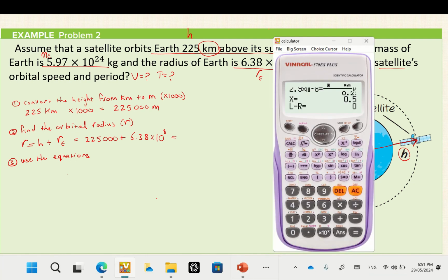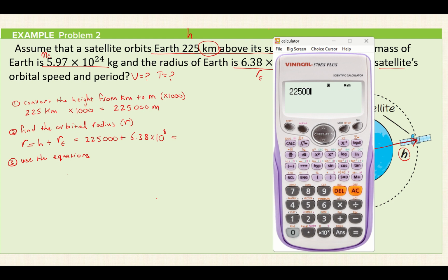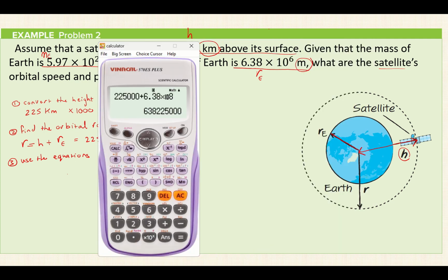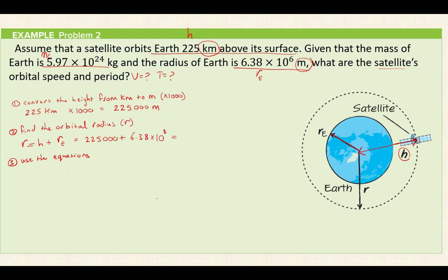Using the calculator, 225,000 plus 6.38 times 10 to the power of 8 gives you this really long number. Is it power of 8 or 6? See, it is 6, not 8, sorry.